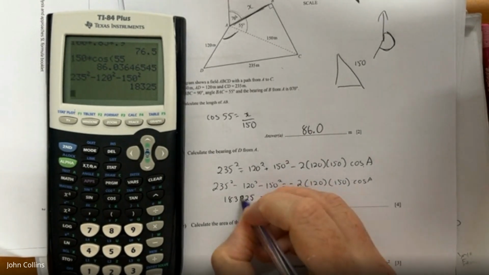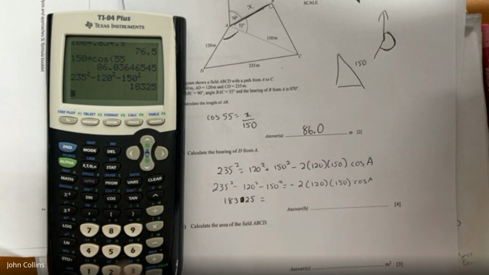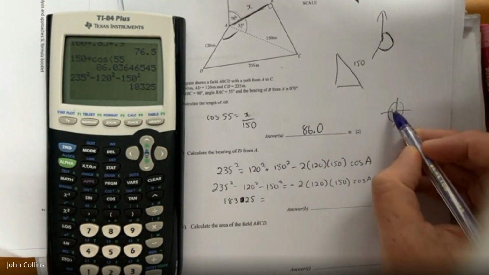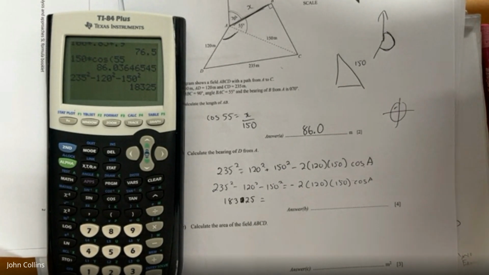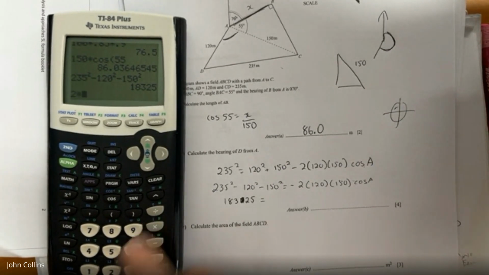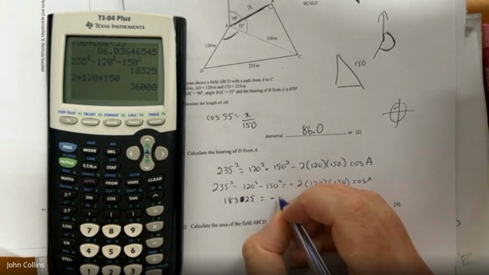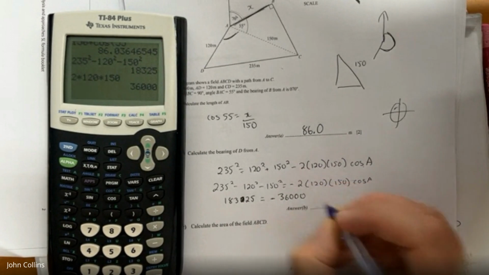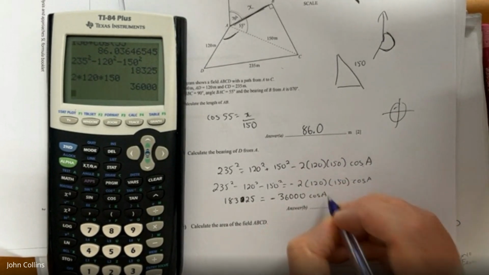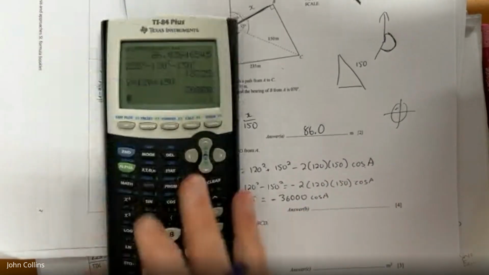I've written that down wrong, but yeah. That's going to be, it's okay, it can be negative. If it's negative cosine, it just means it's in the second quadrant and it's an obtuse angle. 2 times 120 times 150 is negative 36000 cosine A. So you just divide over by this and cosine inverse it.